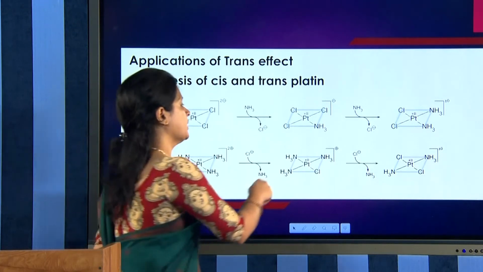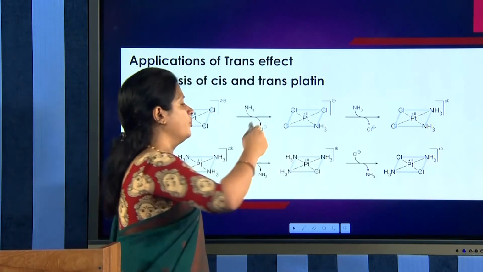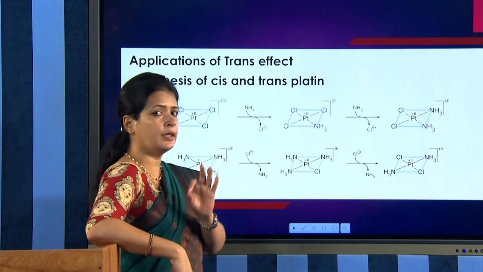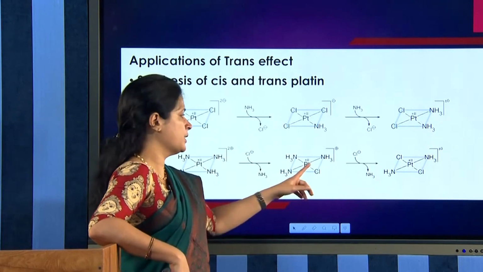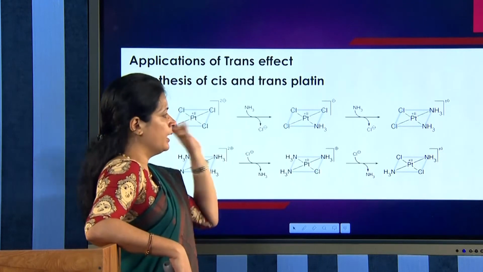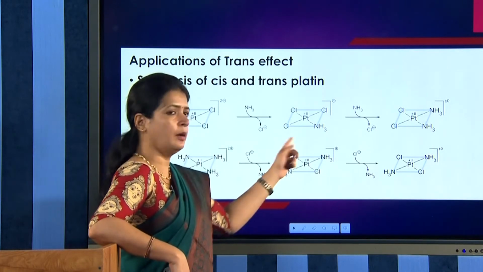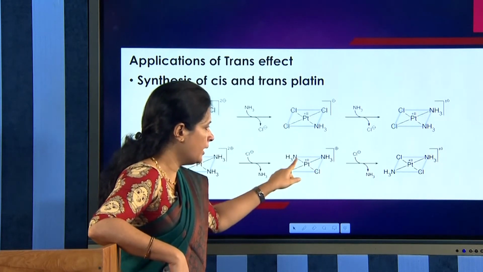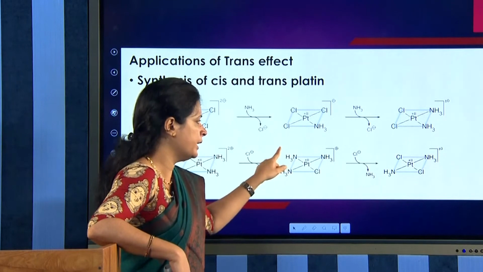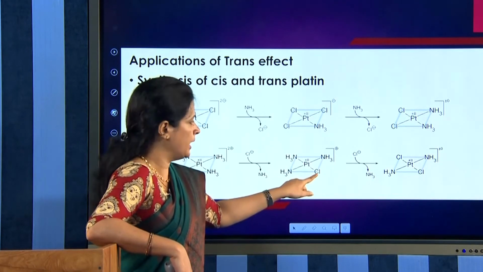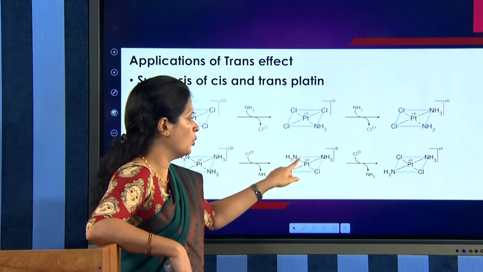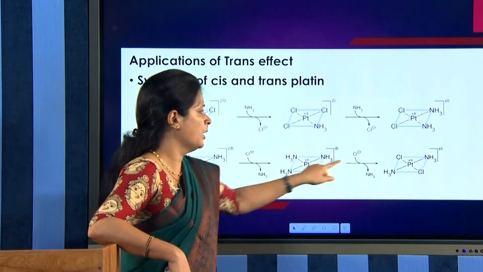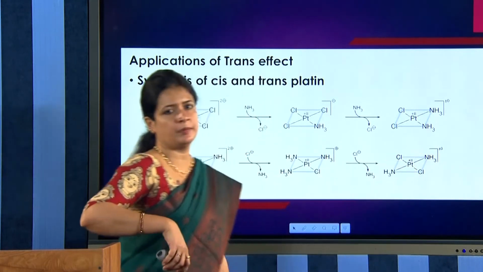Now I have to consider the trans directing ability of Cl and ammonia, which is having the greater trans directing ability. It is Cl minus having greater trans directing ability when compared to ammonia. Then what happens? This Cl will be weakening the ligand which is trans to the Cl, this ammonia will be replaced, and I get this Cl being attached here. Now I get the trans product.